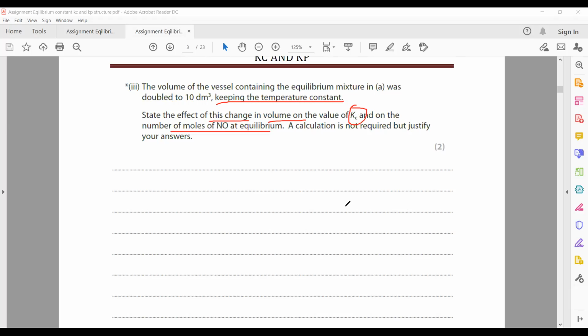First thing, as we discussed earlier, the value of Kc and Kp is not affected by changing the volume or the total pressure. It is only affected by a change in temperature.